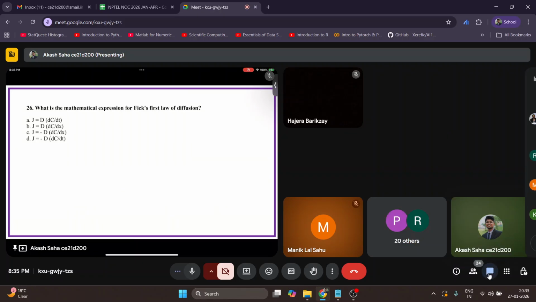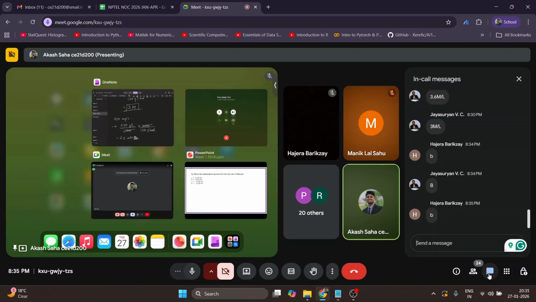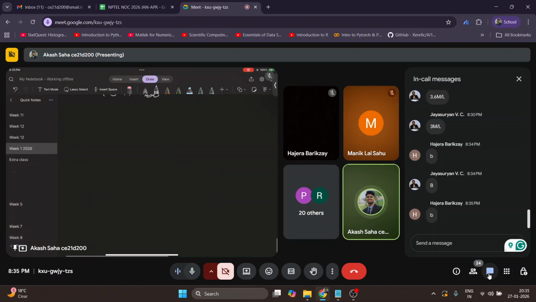Any idea? So diffusion means there will be a concentration gradient, right? Concentration gradient is with respect to space, always remember. So Fick's first law of diffusion says that the molar flux J, we will discuss all these things in detail in the next class, but just to give an idea, the molar flux J is directly proportional to the concentration gradient.